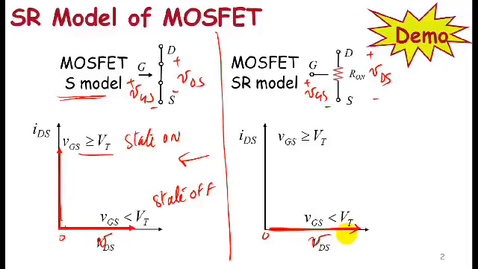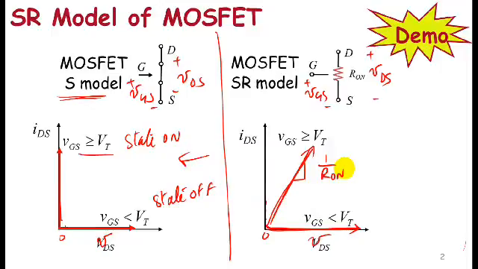However, when VGS is greater than or equal to VT, I don't get a perfect open circuit. Rather, I get some resistance between the drain and the source. So this begins to behave more like a small resistance, and the resistance here is given by R on. So the conductance is 1 divided by R on in this IDS versus VDS curve.